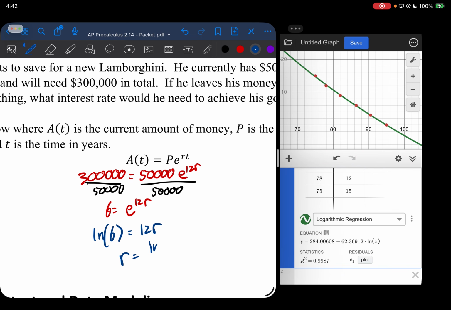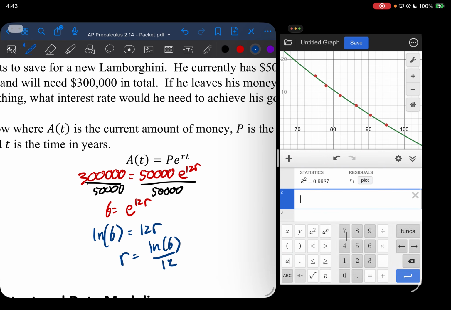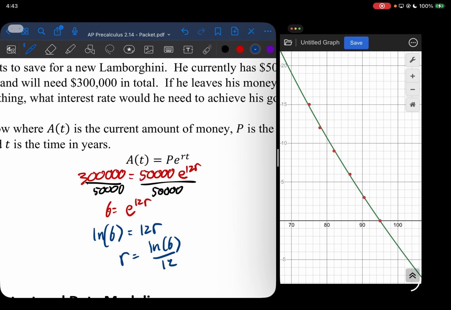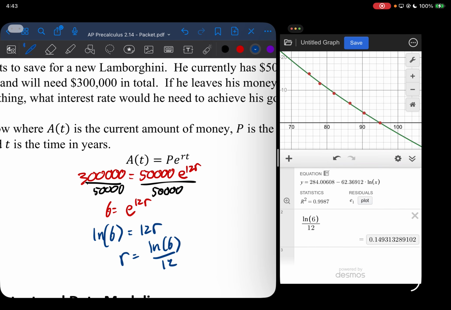So r equals ln of 6 divided by 12. If we compute that, ln of 6 and then divide by 12, we get our rate. And so that is 0.149.